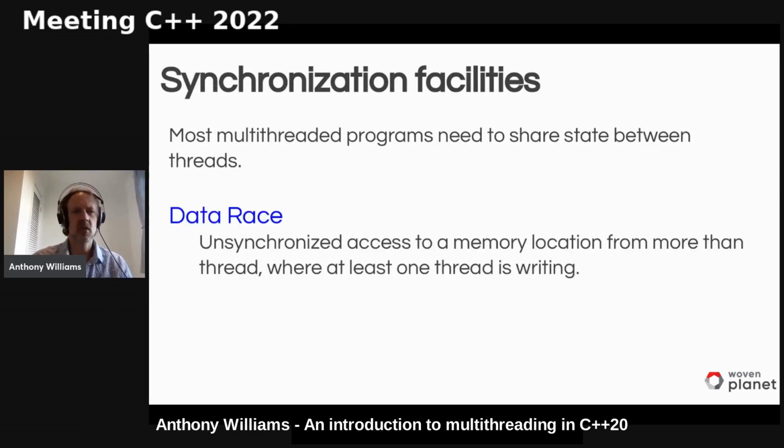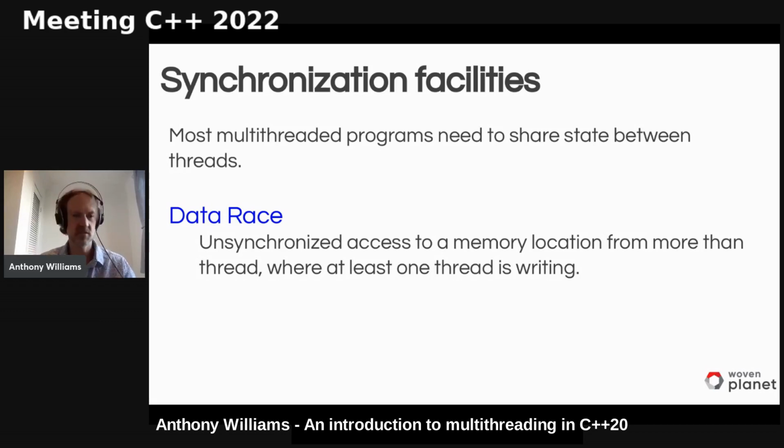The first thing to watch out for, though, is the dreaded data race. A data race is where you've got unsynchronized access to a memory location from more than one thread at a time, and at least one of those threads is writing. So it doesn't matter if all the other threads are reading and one of them is writing, that's a data race. Whereas multiple threads reading from the same location, if nobody's writing, that's okay.